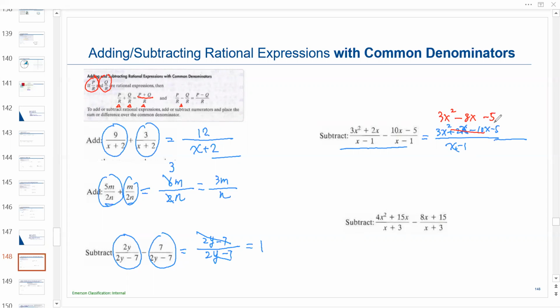Can you guys factor this part? This can be factored into what? 3x minus 5, x minus 1. Double check it. 3x squared minus 8x minus 5x. And, oh no, here is plus 1, right?